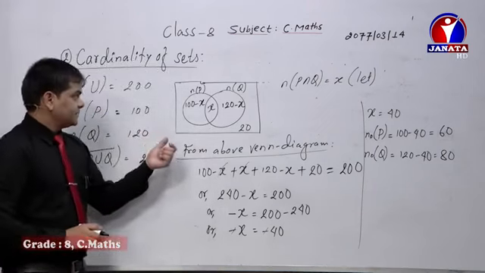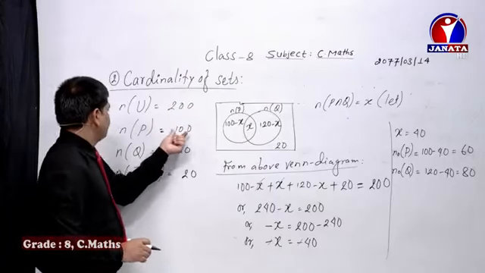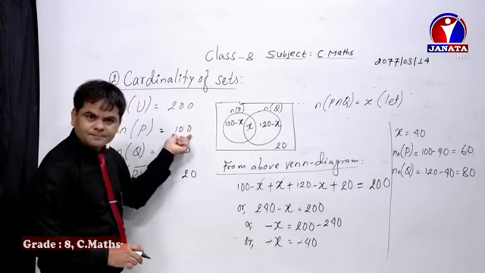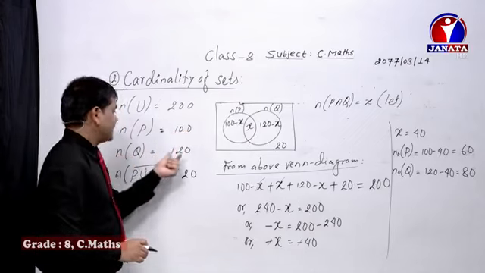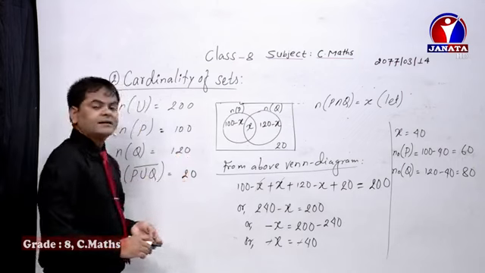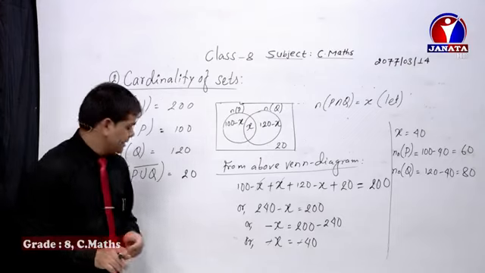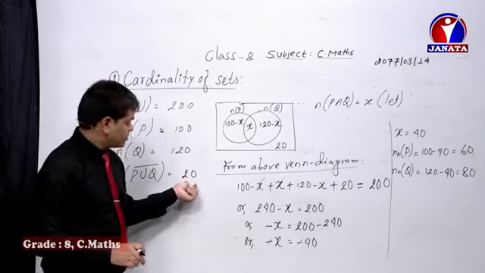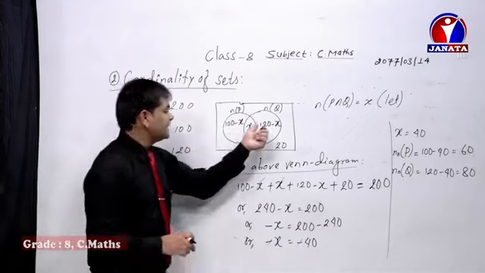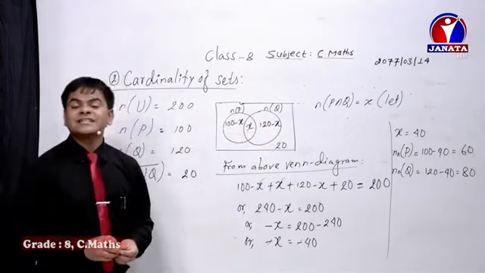Once again, dear friends, 200 people were surveyed. P-liking people were 100. Q-liking people are 120, and (P union Q) complement, that means the number of people who neither like P nor Q, is listed as 20. So by representing the given information in a Venn diagram, first of all we need to see the intersected value.